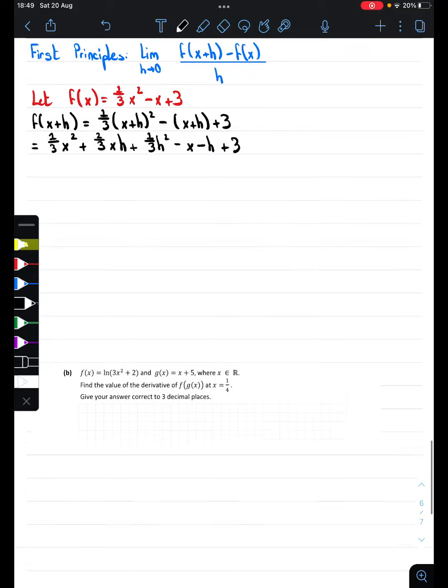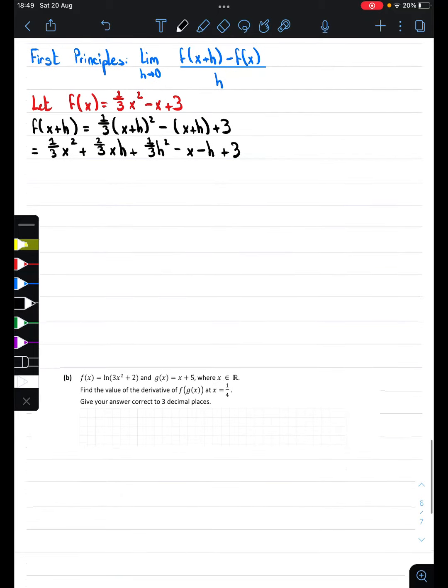Okay, so then let's put this into our expression here, this limit as h gets really small.